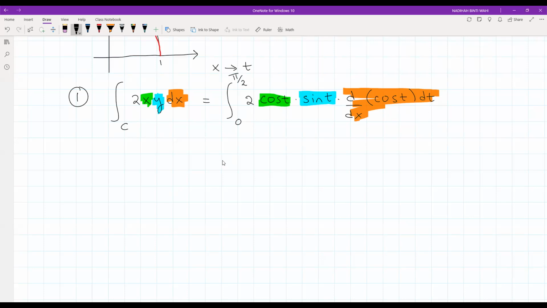Okay, so apa jadi? So this is equals to the integral from 0 to pi half of 2 cosine t, dia akan jadi sin, minus sin. So minus saya letak kat sini, minus 2 cosine t times sin squared t dt.